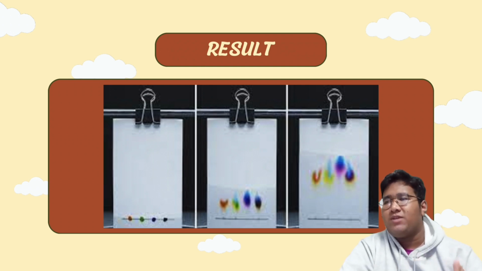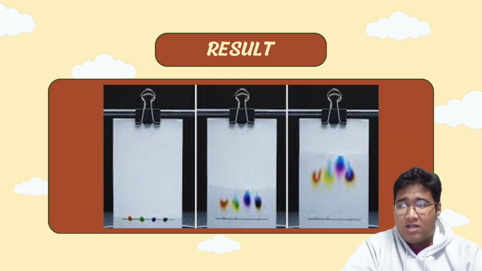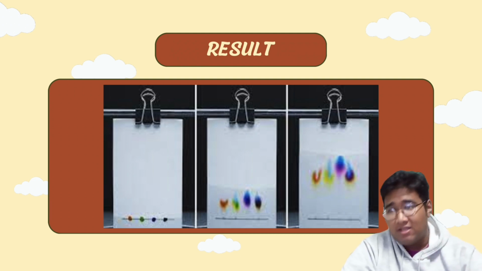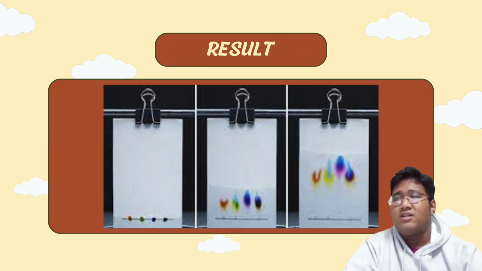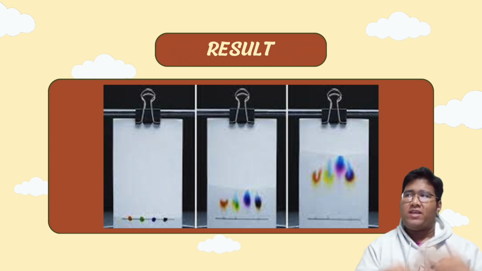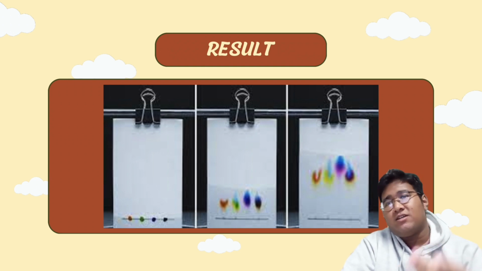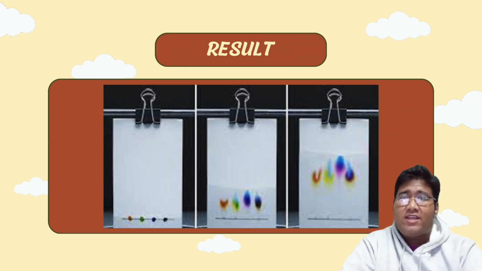For the beginning, as you can see here, we put four dots of different ink colors: red, green, dark blue, and black. At the end of the result, the colors expand into various colors. The red will expand into yellow and red.